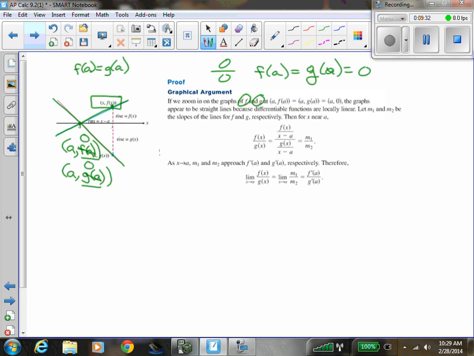All right, so now, if I do the slope formula right here on this one, this will be f of x, all right, minus that y value of 0, and then I'll get x minus a, and so that's this thing that we have right here.